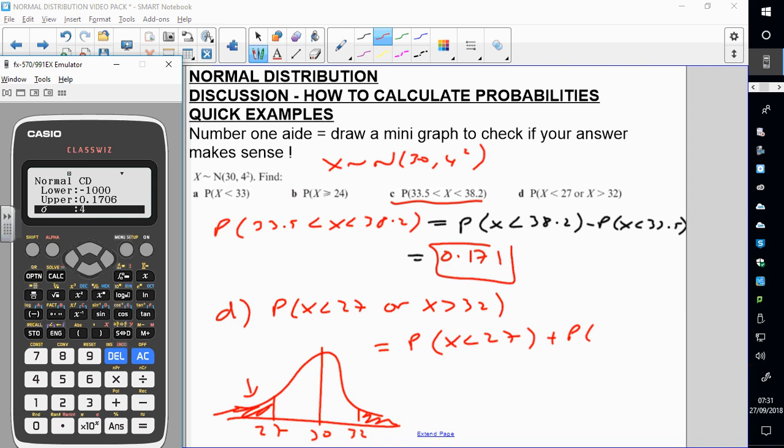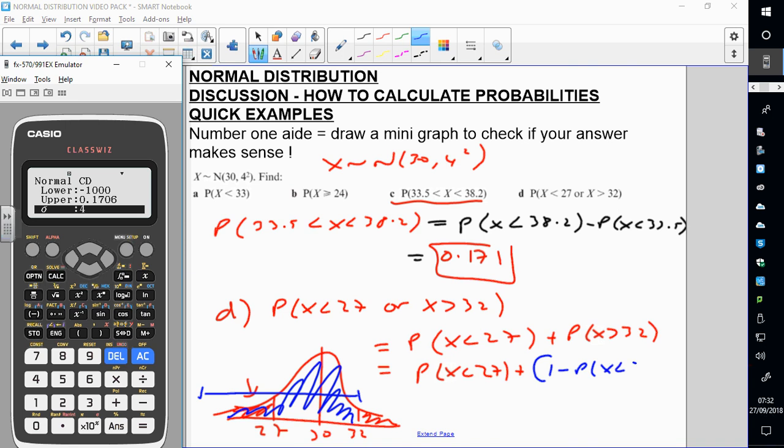And then we're going to have to add the probability of x being bigger than 32. So what's the probability of x less than 27, that's all good. But for x bigger than 32, our calculators only work left to right. So we want all the area up until that point, 1 minusing it. Okay, so 1 minus the probability of x less than 32.